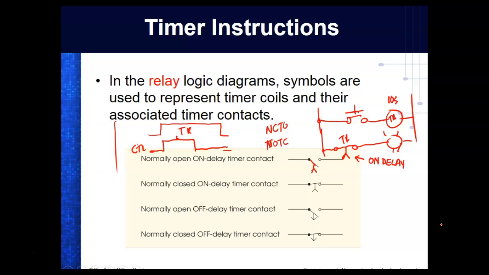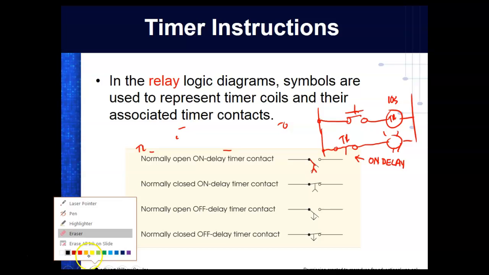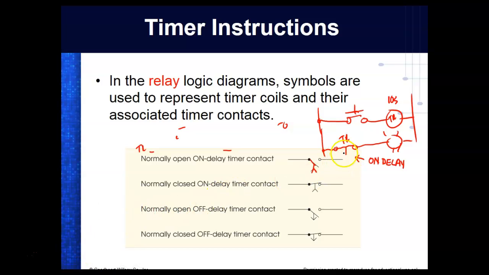So an off delay timer, if we energize the coil, this contact, instead of pointing like that, would come up here and point away. This makes it an off delay timer.